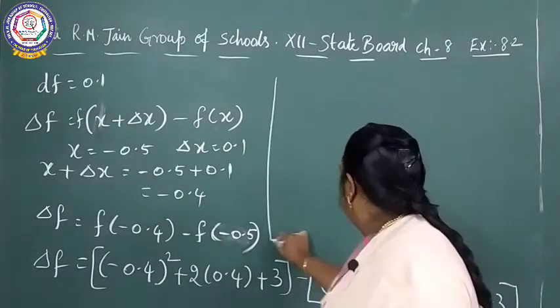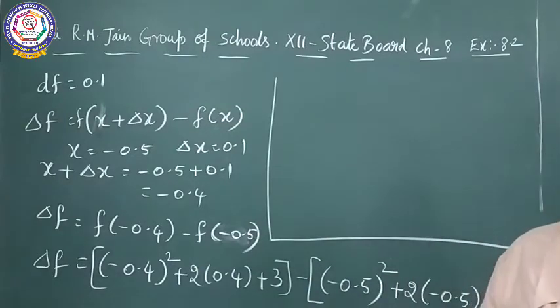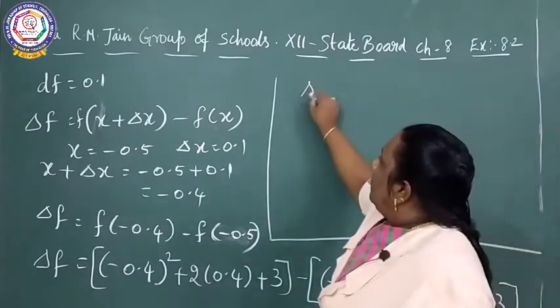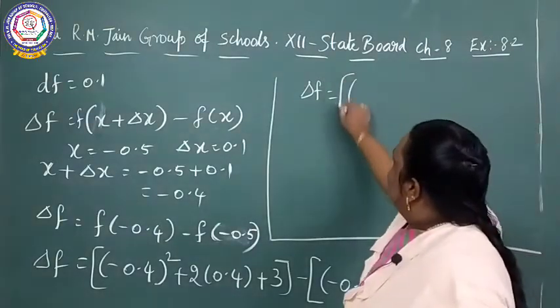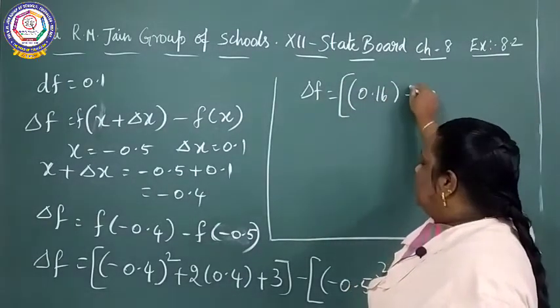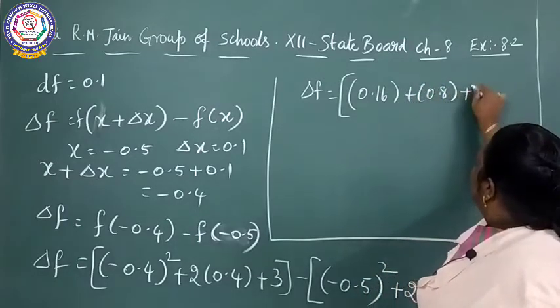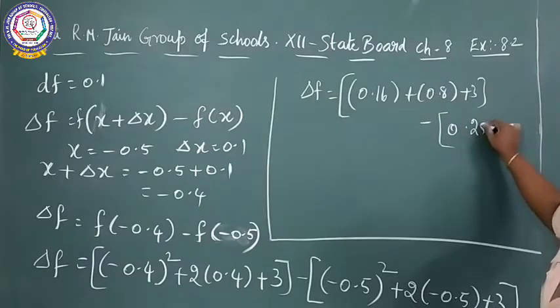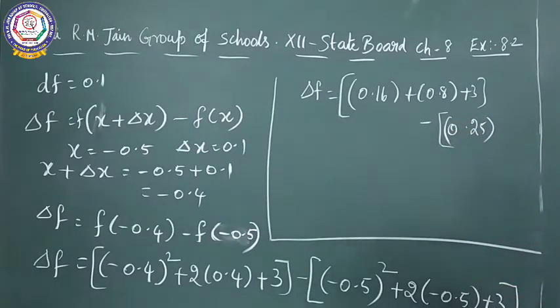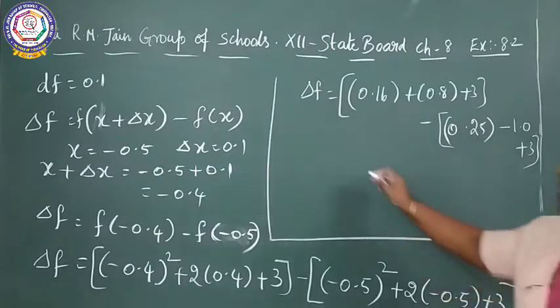See here, (-0.4)² is nothing but 0.16, plus 2 × -0.4 gives -0.8, plus 3, minus 0.25, plus 2 × -0.5 gives -1.0, plus 3. When we simplify, what is the answer you are getting here?